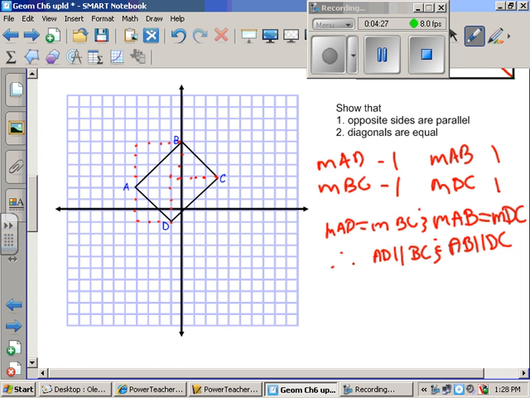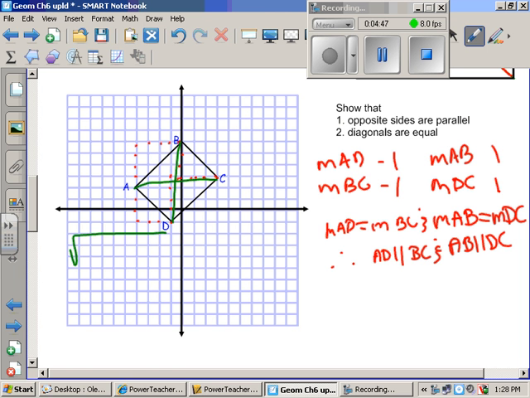Now I just have to prove what kind of parallelogram it is. So I'm going to prove it's a rectangle by proving diagonals are congruent. So I'm going to prove that AC is congruent to DB. Unfortunately, they're not horizontal and vertical, so I can't just count. I got to use the distance formula.